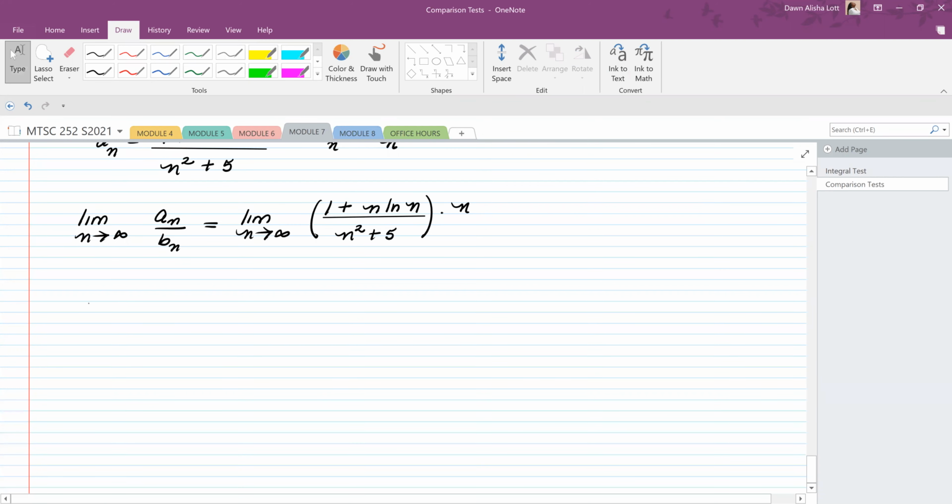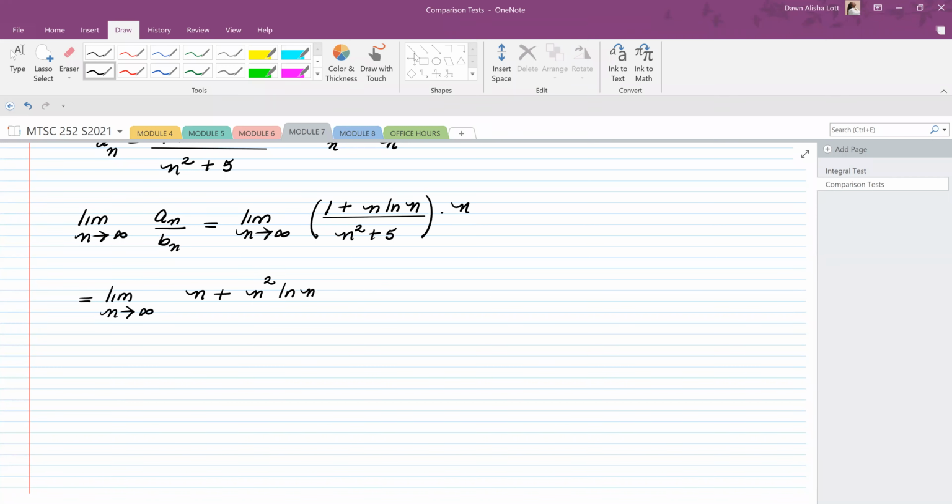So now the limit as n approaches infinity is n plus n squared natural log of n, divided by n squared plus 5.